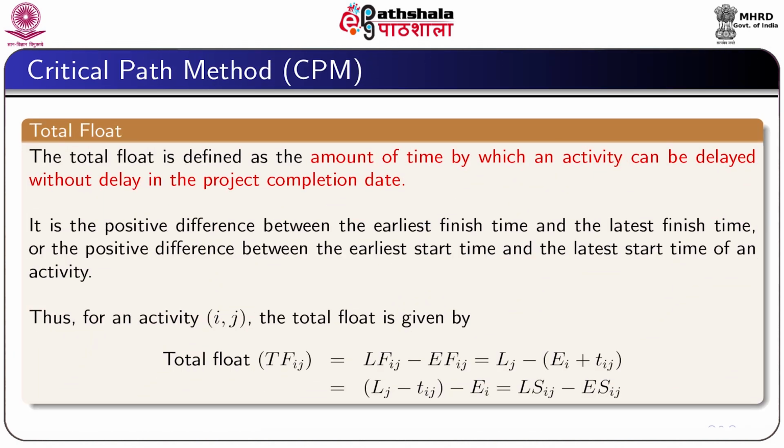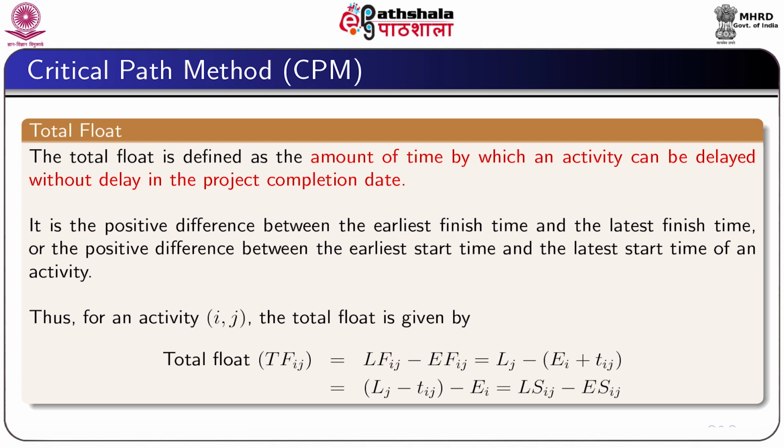Total float. The total float is defined as the amount of time by which an activity can be delayed without delay in the completion of the project. It is the positive difference between the earliest finish time and the latest finish time, or the positive difference between the earliest start time and the latest start time of an activity.